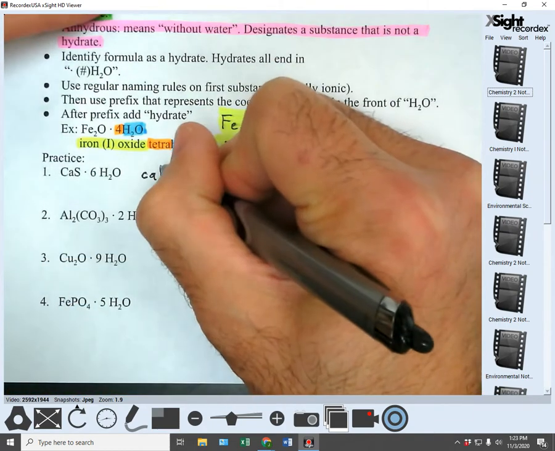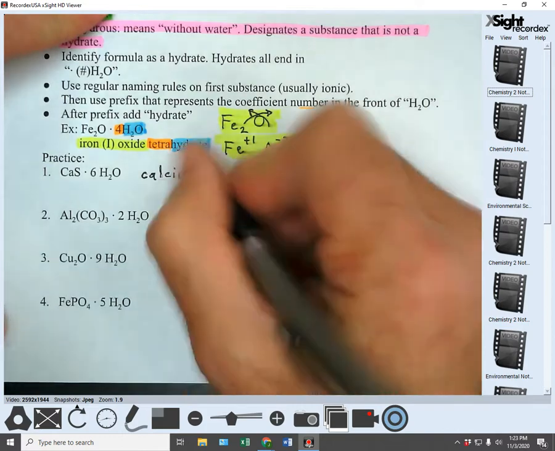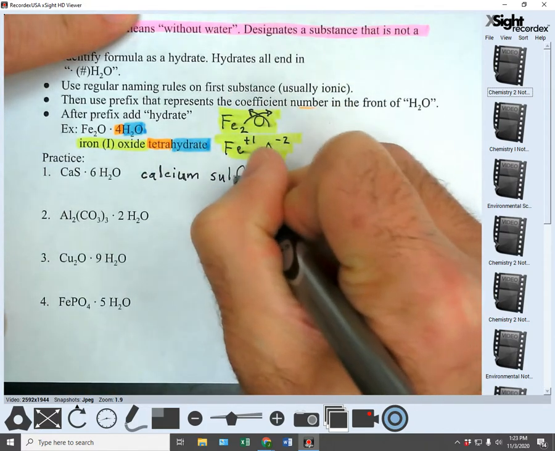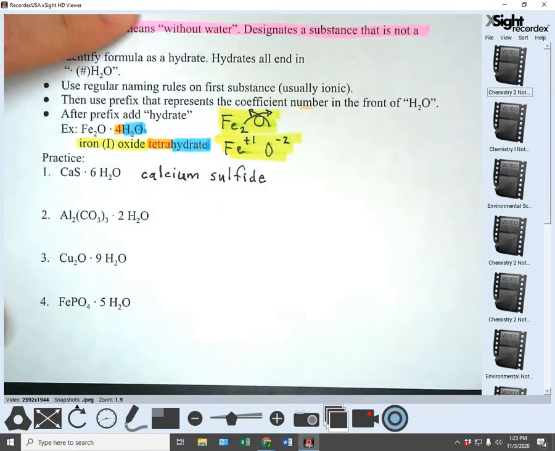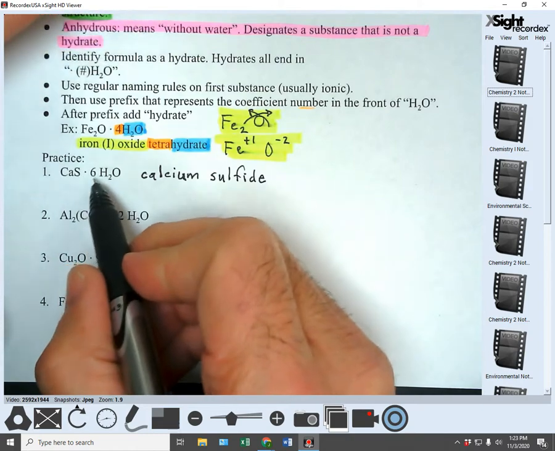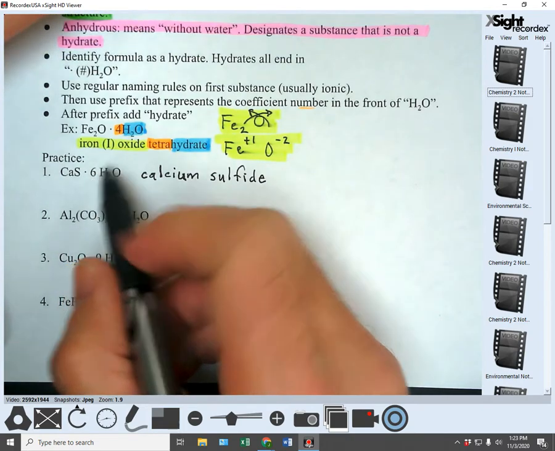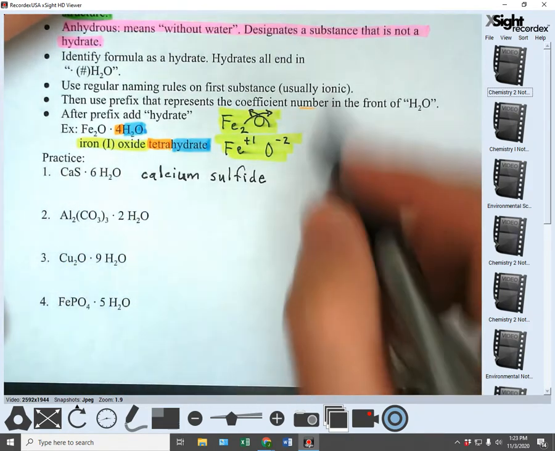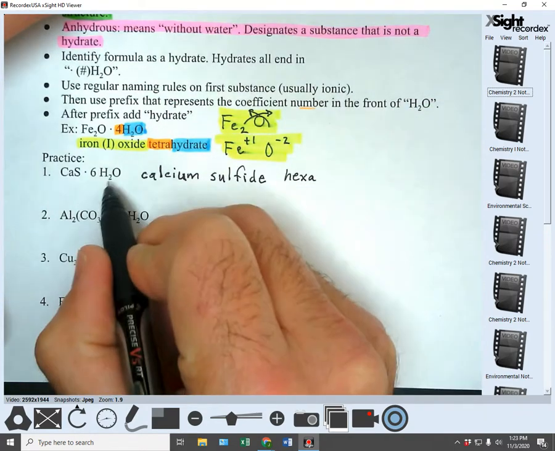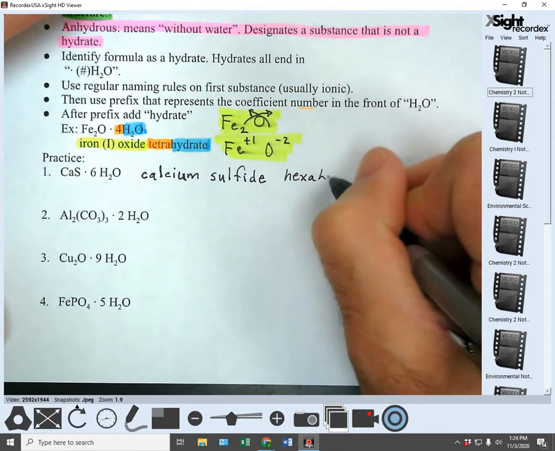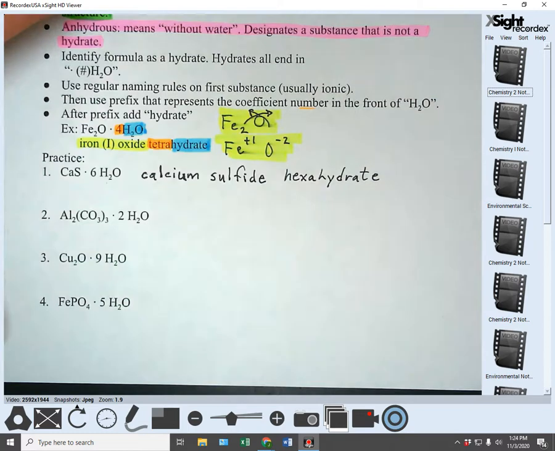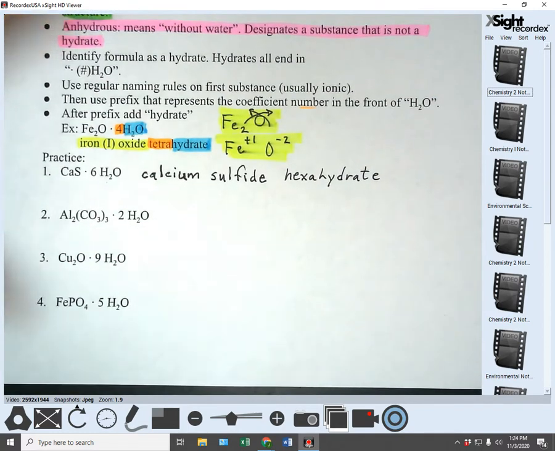Our anion is monatomic, so we change the ending to -ide, so sulfur becomes sulfide, calcium sulfide. Now the 6, we need the prefix for 6, which is hexa. And then we add hydrate. So calcium sulfide hexahydrate.